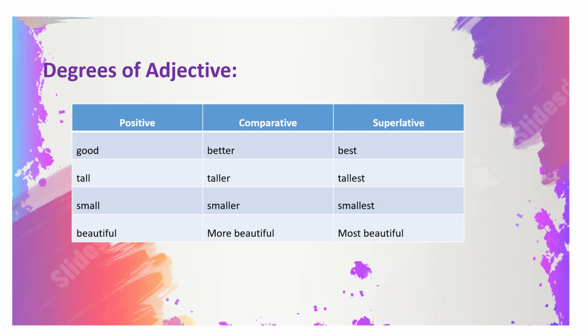There are also two patterns in degrees of adjectives. Some are regular patterns, where the comparative degree ends in er and the superlative in est, and the irregular pattern is that it shows more and most in comparative and superlative degrees.